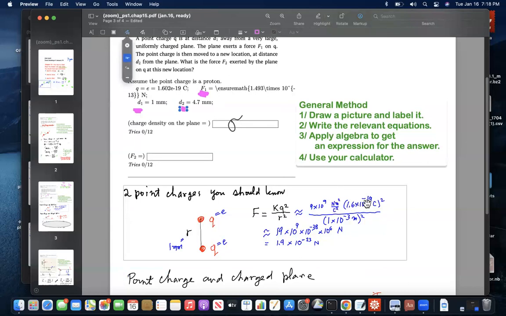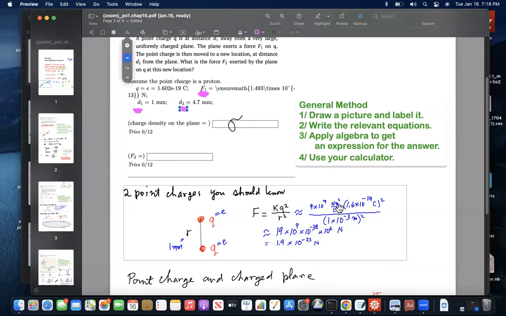Q is 1.6 times 10 to the minus 19 coulombs, and that gets squared. Let's say this was d1, which is 1 millimeter, so 1 times 10 to the minus 3 meters, squared. So this would be the calculation of the force if I had 2 protons separated by a millimeter.